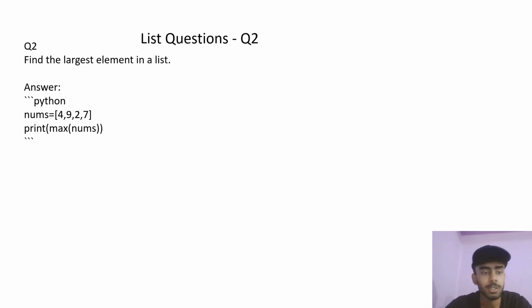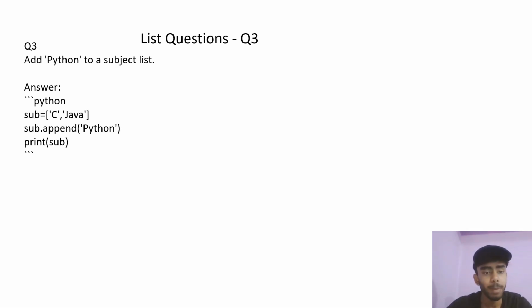Now come to the next question. Add Python to a subject list. You have to add Python in your subject. Here you have variable subject, and in this list you have to add Python. How can you do this? There are multiple methods for adding, but for adding you can write append.